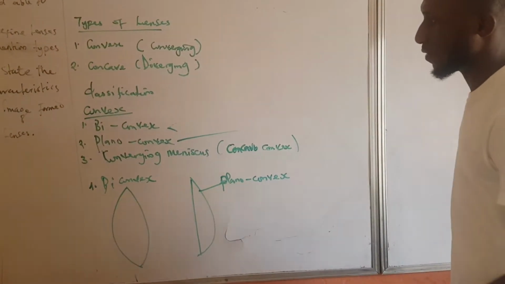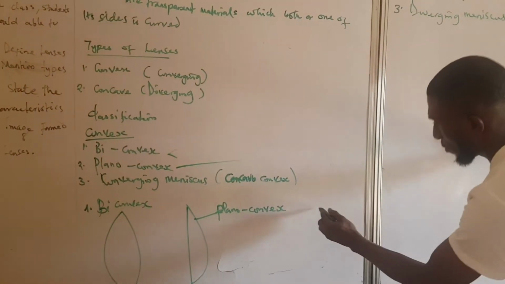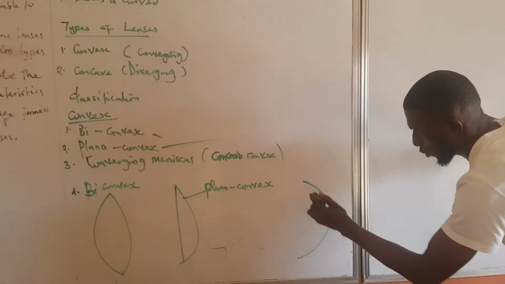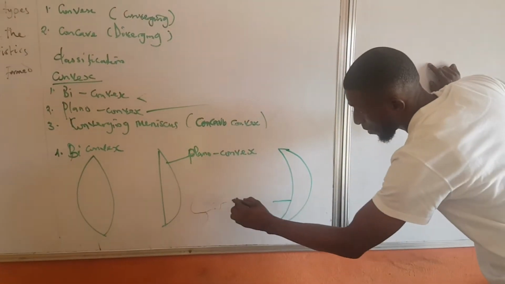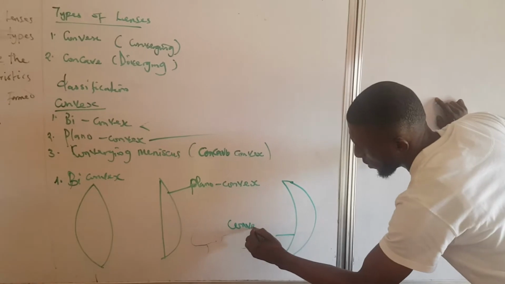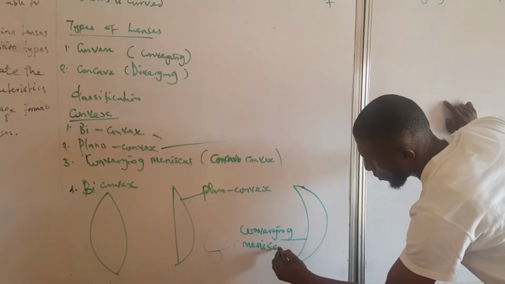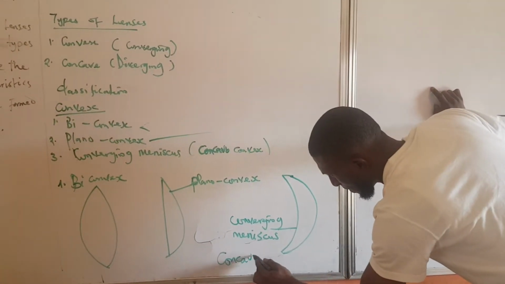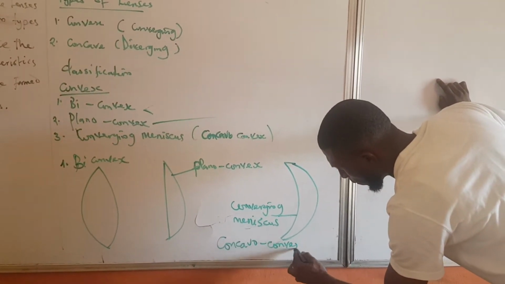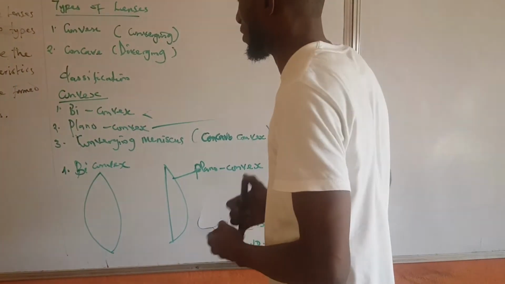And we have the last one, which is converging meniscus. Both sides are curved in a particular direction. Call it converging meniscus, or you call it concave convex, and that is that on convex lens.